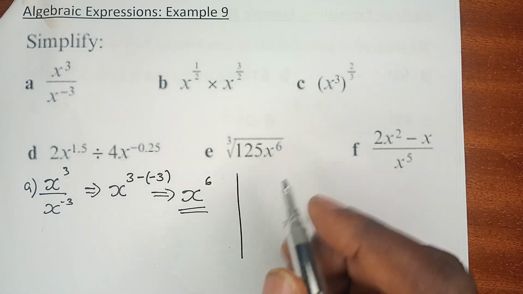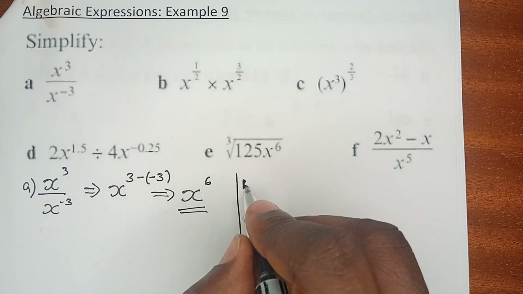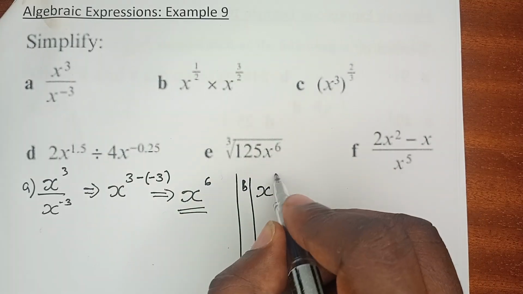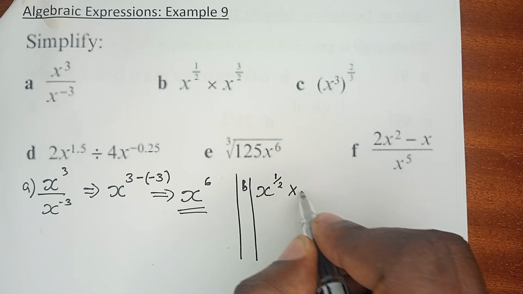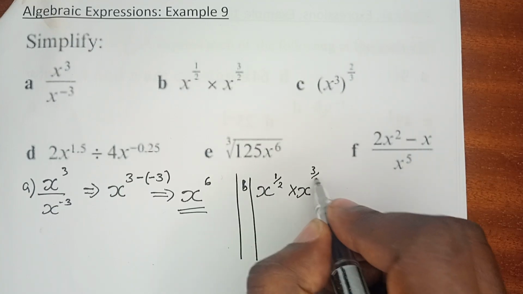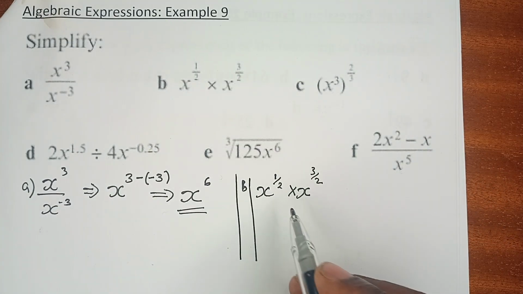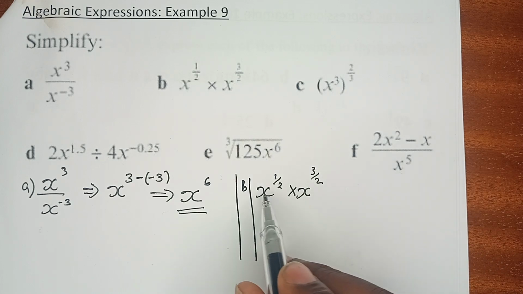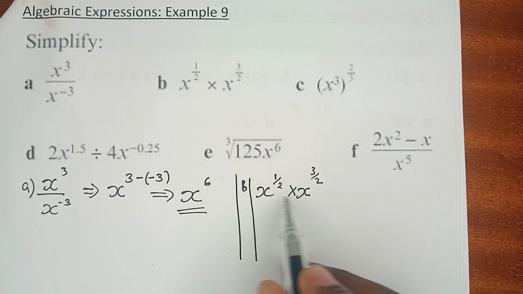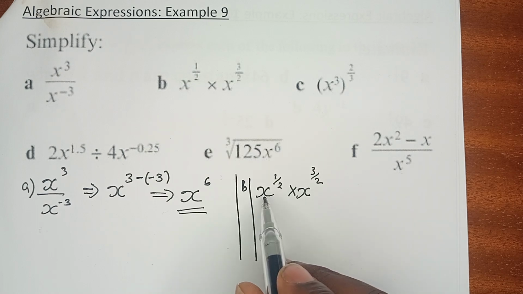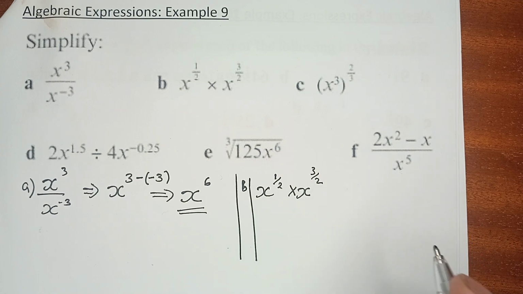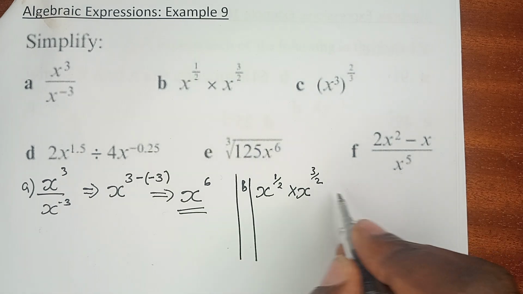Let us talk about part B. Part B is x raised to power a half times x raised to power 3 over 2. This is multiplication, and the first law of indices says that if we have the common base, which in this case is x and x, then we can easily add the indices if the operation between them is multiplication.